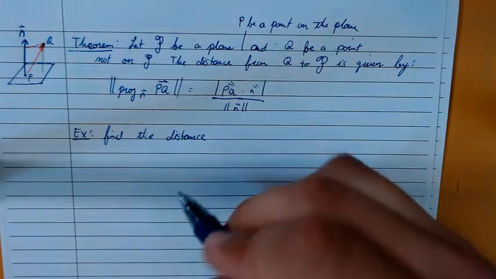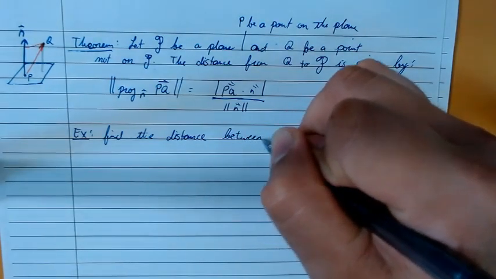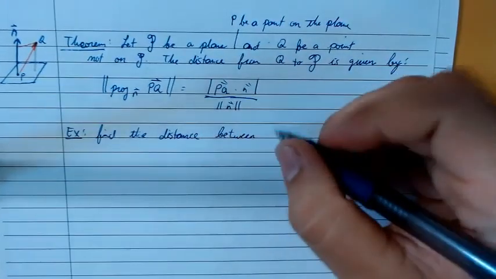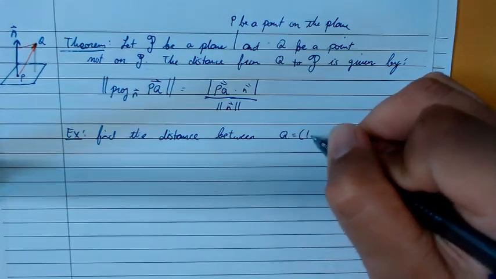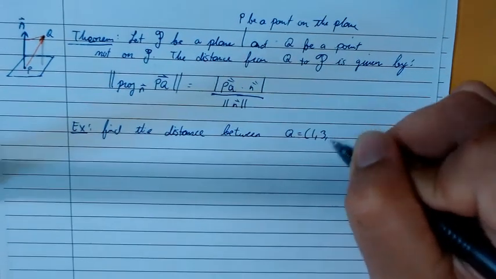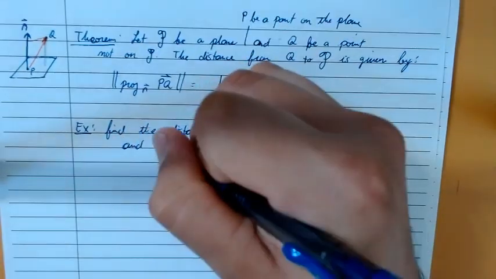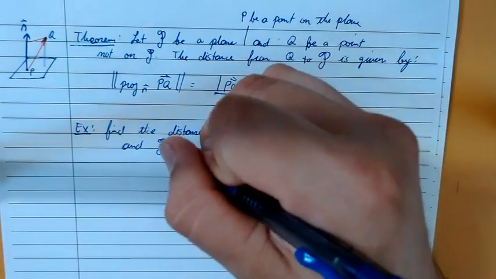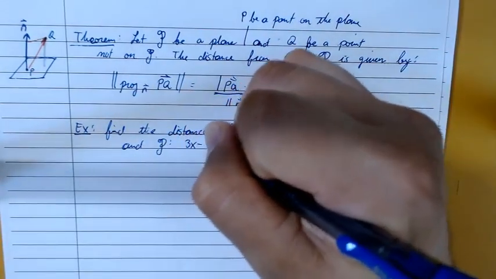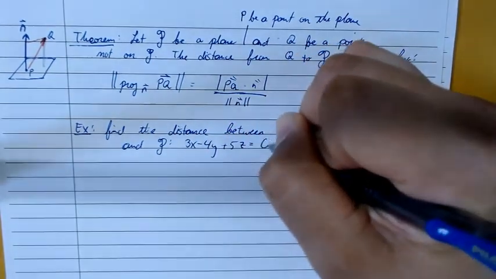Find the distance between the point Q, which is given by (1, 3, -1), and the plane curly, fancy, stylized P, which is 3x minus 4y plus 5z equals 6.